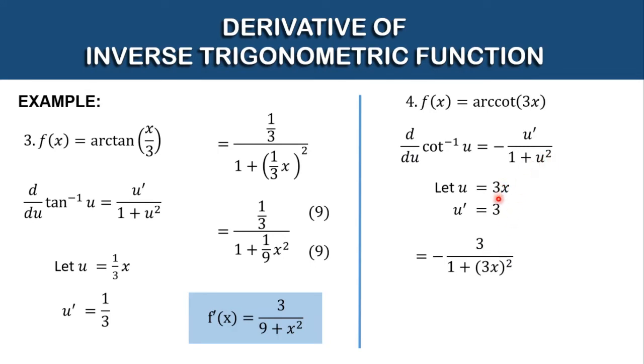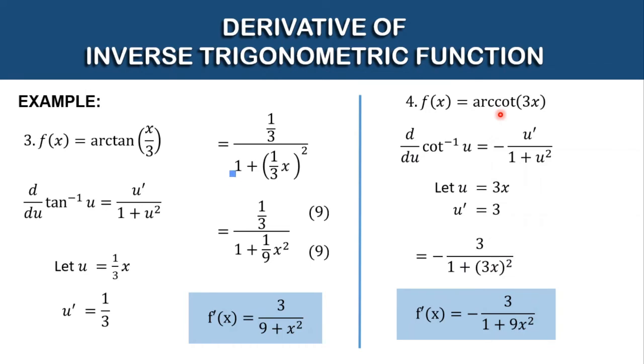Ang u natin is 3x, so we have 3x squared. So simplify lang natin itong part na to. We have negative 3 over 1 plus 9x squared. And since wala na tayong masasimplify dito, both numerator and denominator, this is our answer. So this is the derivative of our given function.